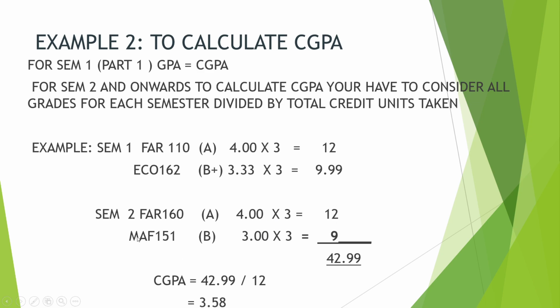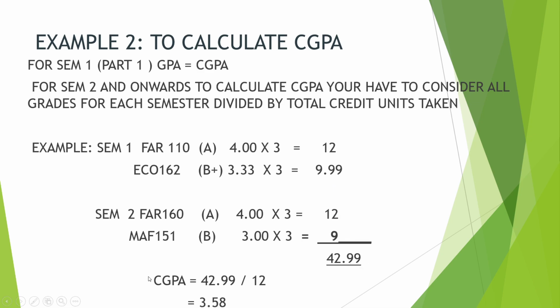And for Mark 151, let's say you get a B. So your credit value is 9, that is 3 credit value times credit units. So you get total credit value 9 for Mark 151. So your total credit values for semester 1 and semester 2 is 42.99.